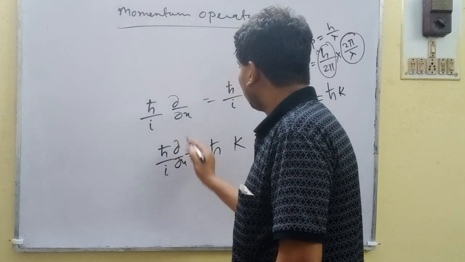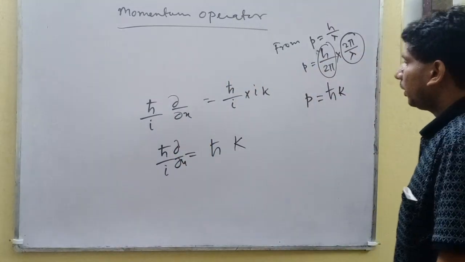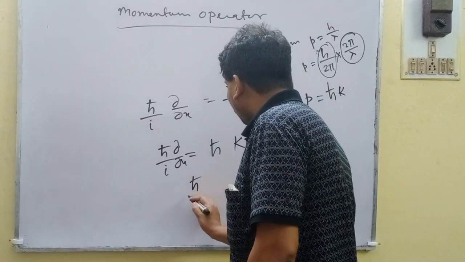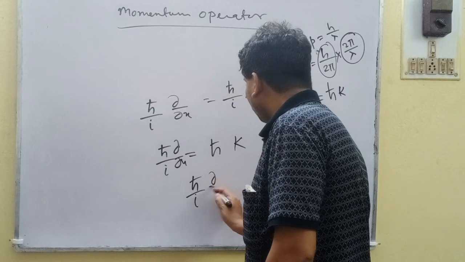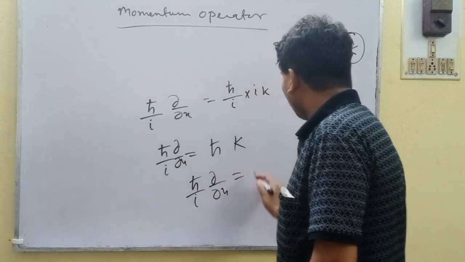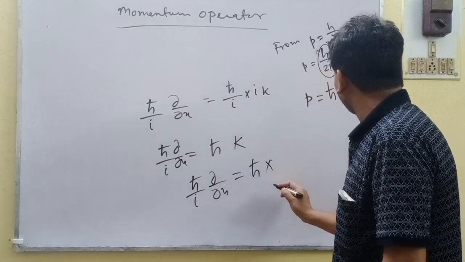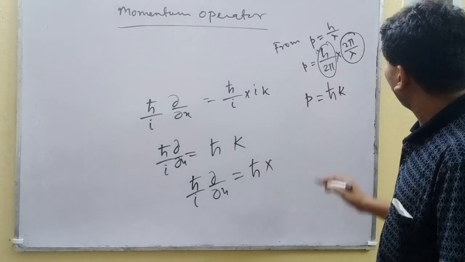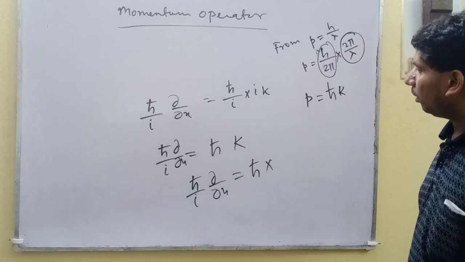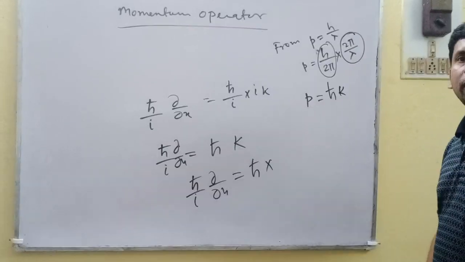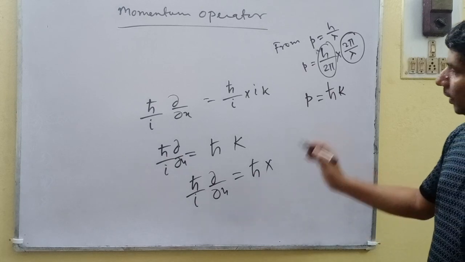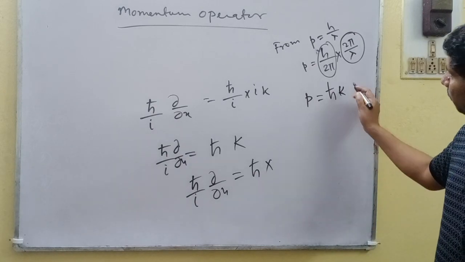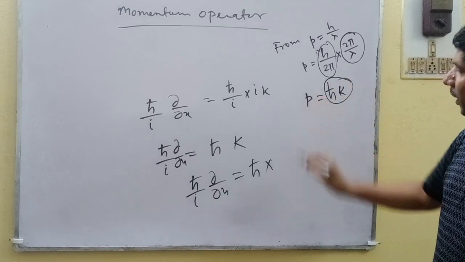So del x, what is this? Clear? Then what happens? H cut by i del x equals h cut into 2 pi by lambda. Okay, 2 pi by lambda, that is actually k. So this is actually p.